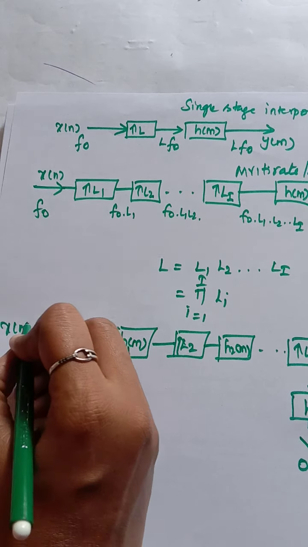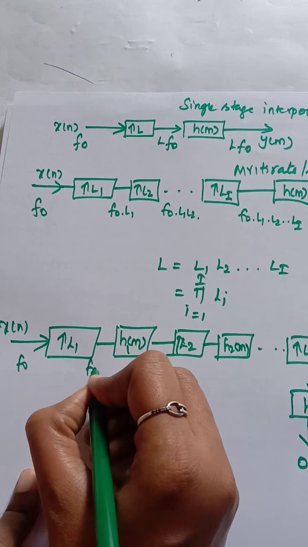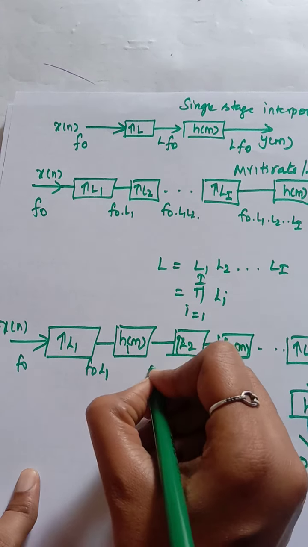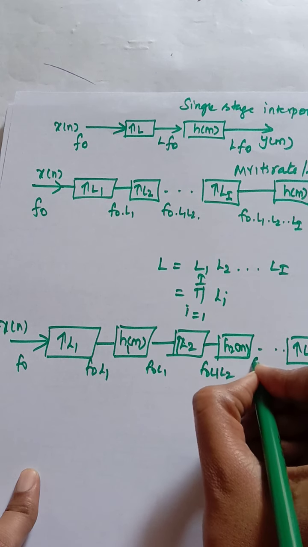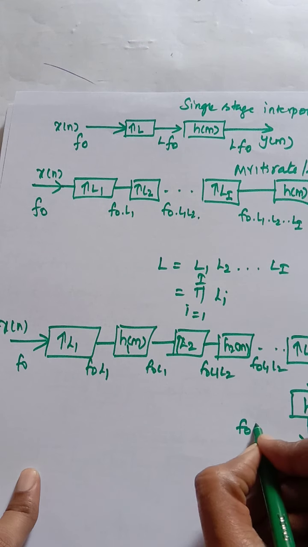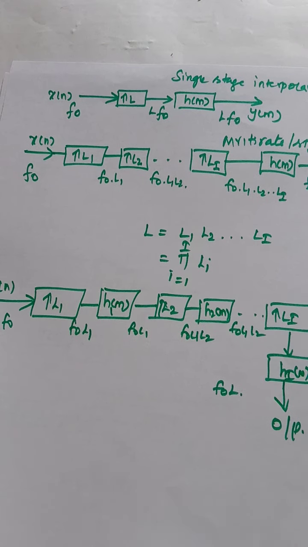In this case you also get the same result: f naught L1, then f naught L1 L2, and at the output f naught L. This is the single-stage interpolator equivalent.